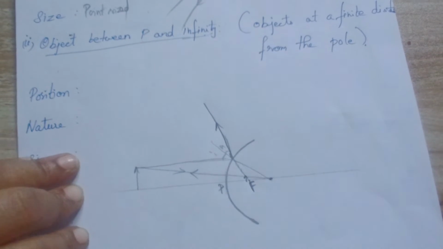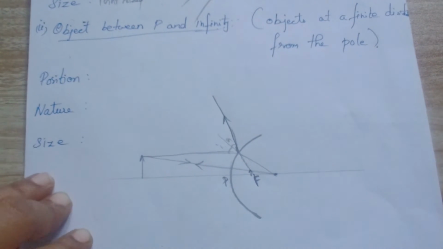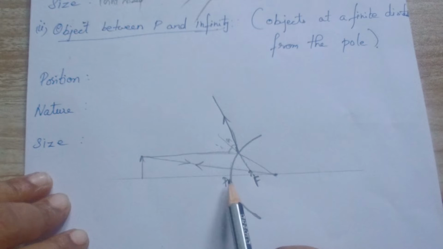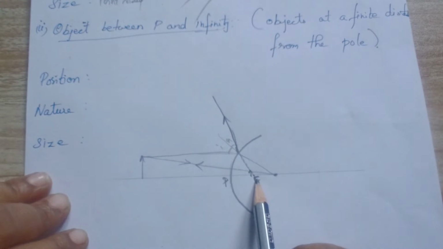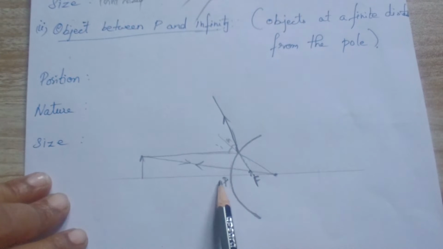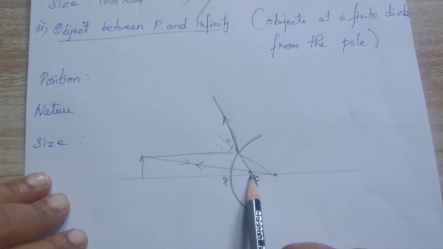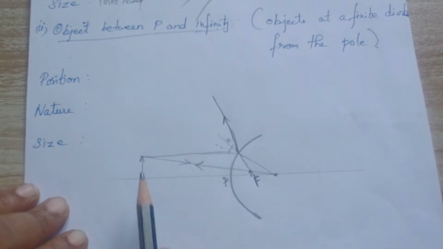This is the pole. So your image will be formed between the pole and the focus point, and the image is virtual because it is behind the mirror, virtual and erect. Its position is between the focus point and the pole, and the size is very small when compared to the object.